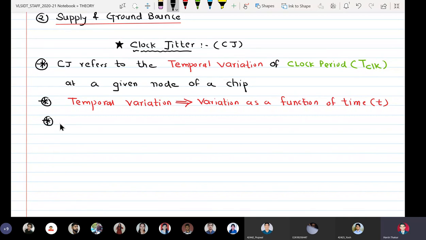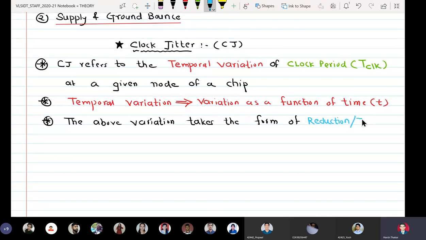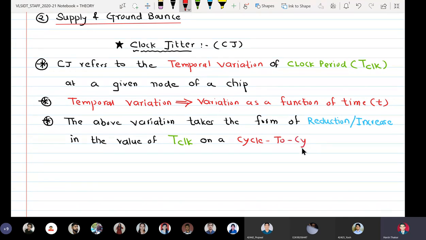The third important point is that the above variation takes the form of reduction or increase in the value of TCLK, that is the clock period, on a cycle to cycle basis.